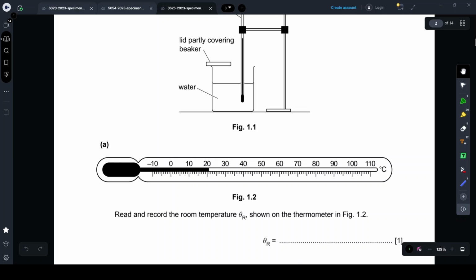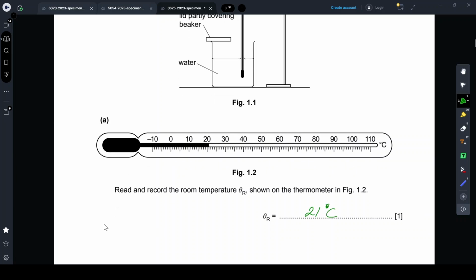Okay, so we write, get our pen, just position this comfortably. And so we have 21 degrees centigrade.